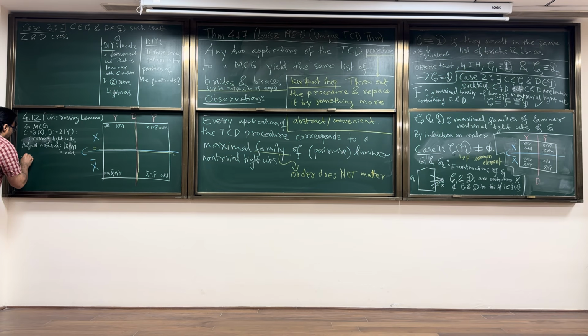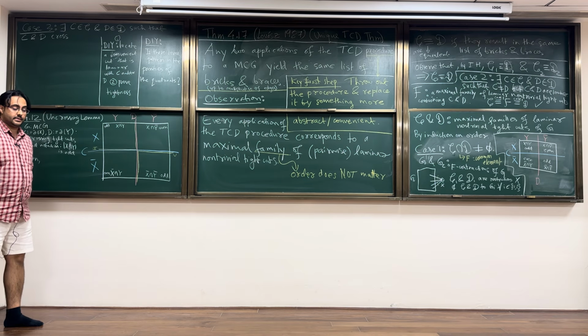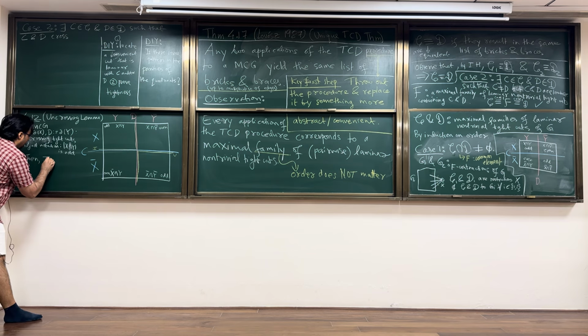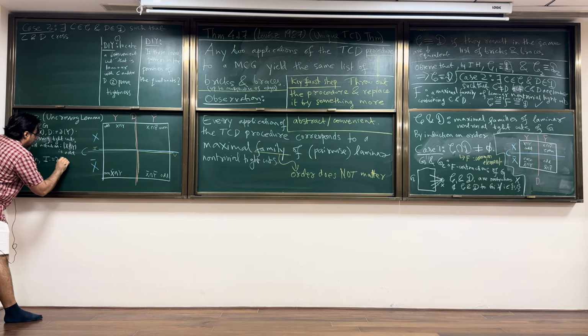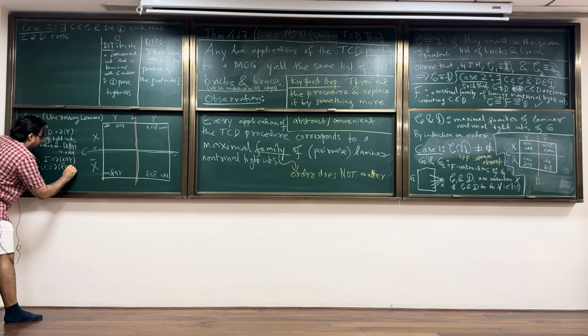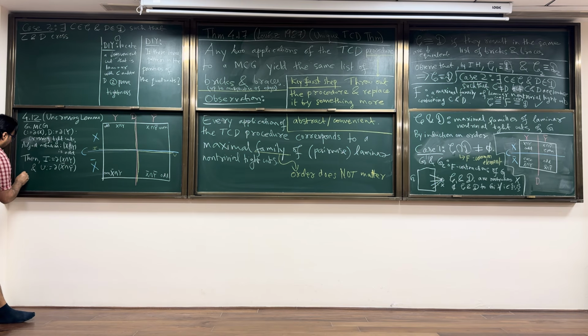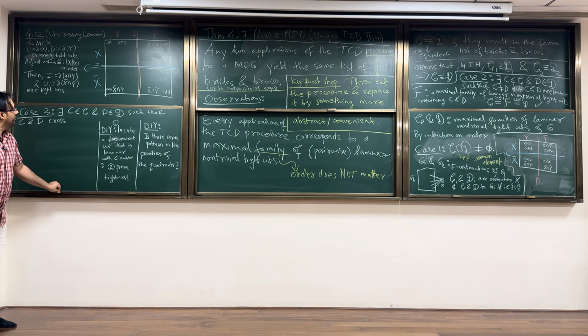Then one conclusion that we have already arrived at is that I and U are tight cuts. Then I, boundary of X intersection Y, and U, boundary of X bar intersection Y bar, are both tight cuts.